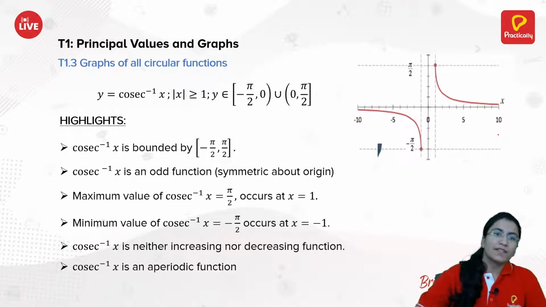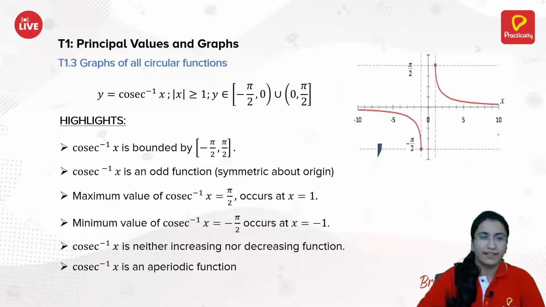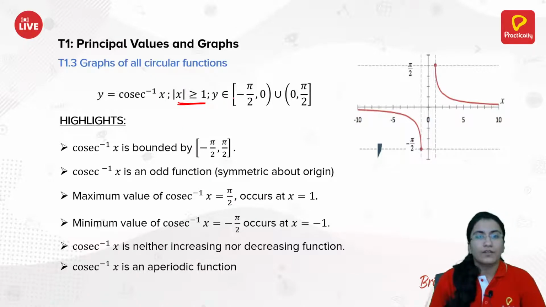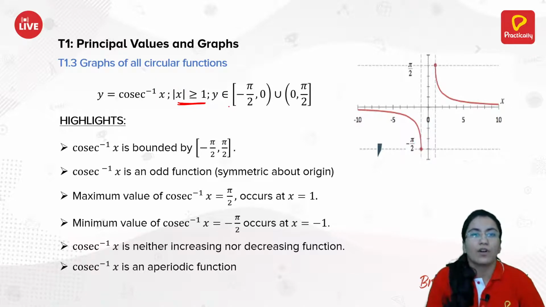Next is cosecant inverse x. Here you have the graph and some highlights related to it. Cosecant inverse x, the domain for this is the absolute value of x greater than or equal to 1, right? And you have y belongs to -π/2 to +π/2, but 0 is not included.